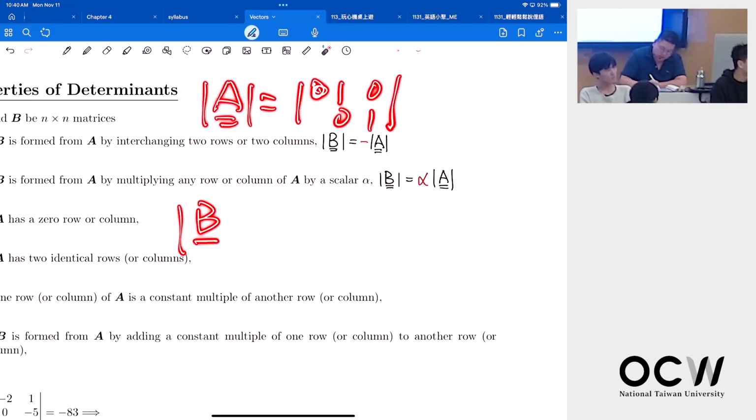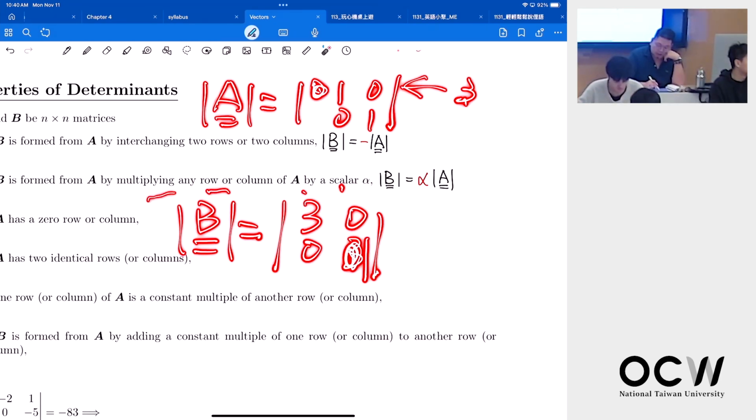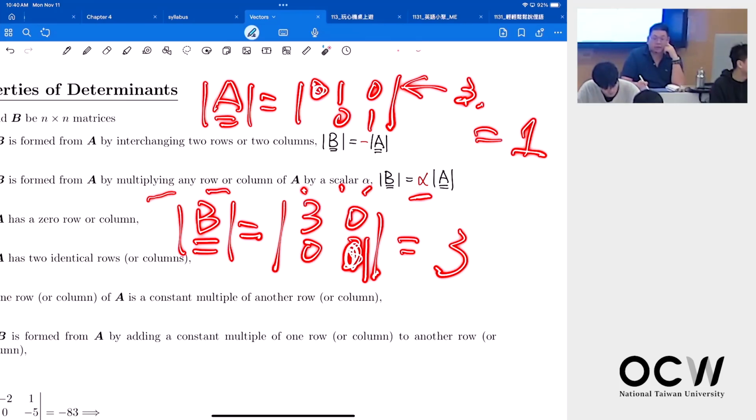And then B will be 3, 0, 0, 1. Okay, I multiply 3 to row 1. Multiplying the first row of A by 3, then you get 3. This one is 1. So it's 3 times the determinant of A. Okay?